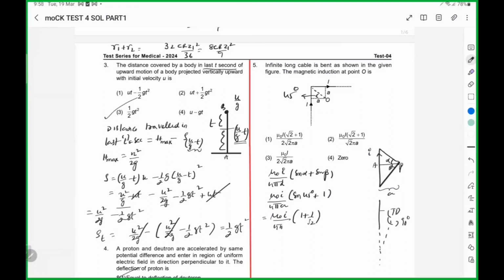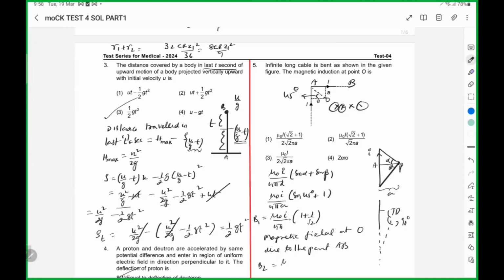So the current passing in upward direction, magnetic field at point O is into the plane. Even current passing along AB, the magnetic field will be into the plane. So both are in the same direction. So here, magnetic field at O due to part AB, distance same, semi-infinite wire.